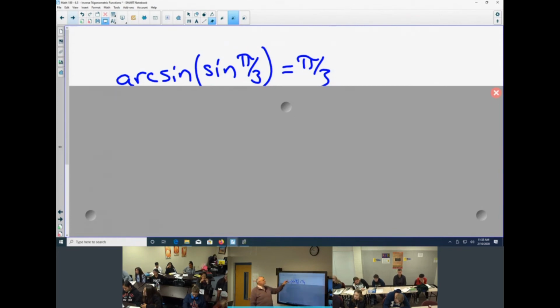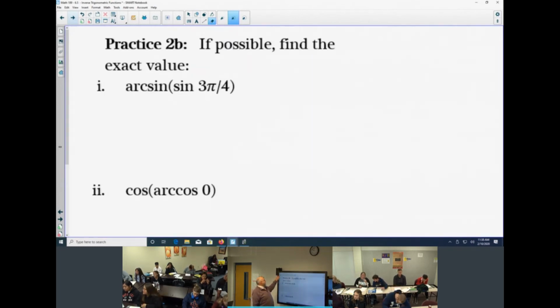There's not a problem there, so you can just cancel and get pi thirds. So what about these? See if you can figure out if you can just cancel or if you have to rewrite the angle so that it's in the appropriate quadrant.